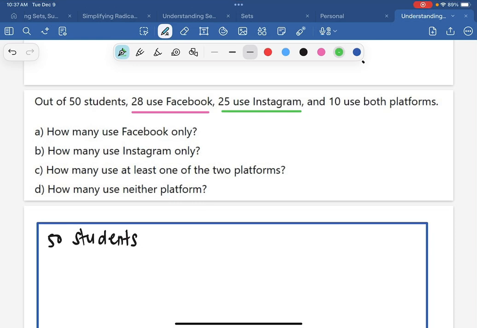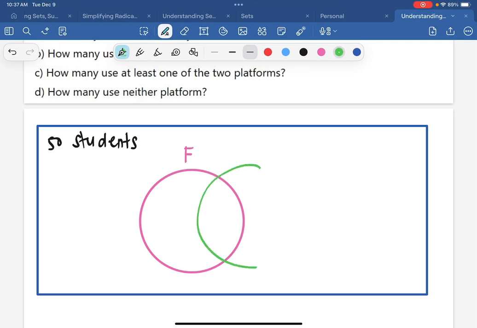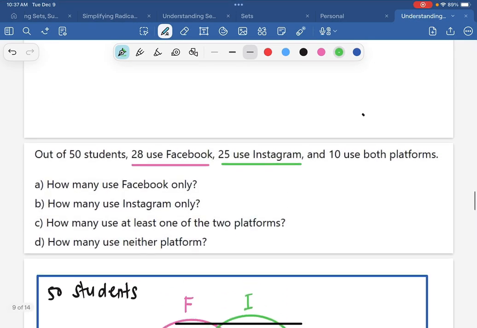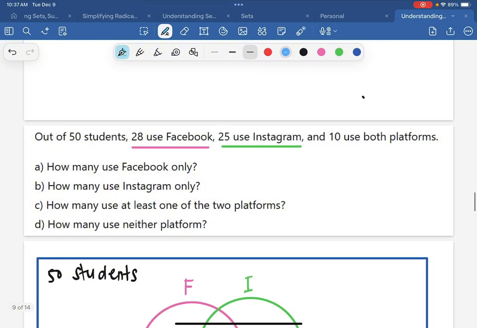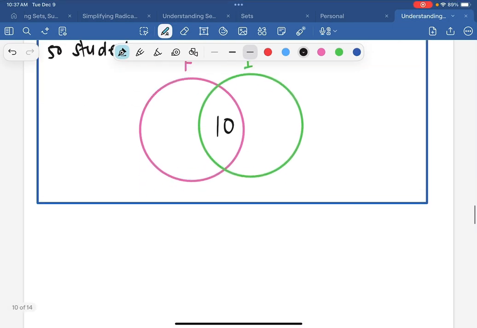Okay, so let's have Facebook as set F and Instagram as set I. Again, go over to the intersection. So that means 10 should be at the center. And we have here 28 for Facebook minus 10, so we get to have 18.